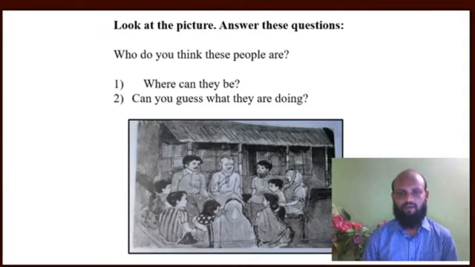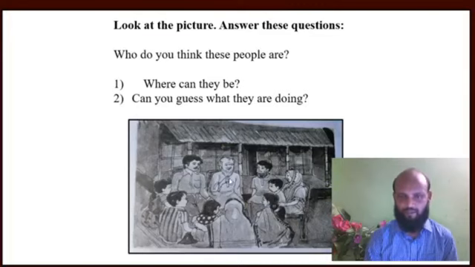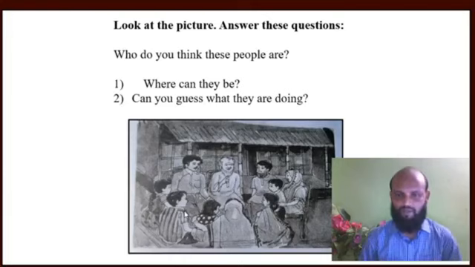You see in the picture, probably they are family members. They are family members of the same family. You see their grandfather, father, grandmother, mother, uncle, auntie. You see some children. So they are in a family gathering.